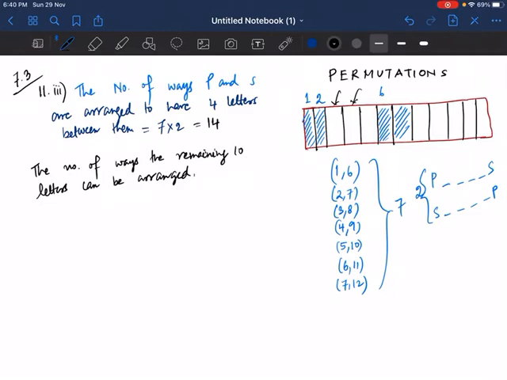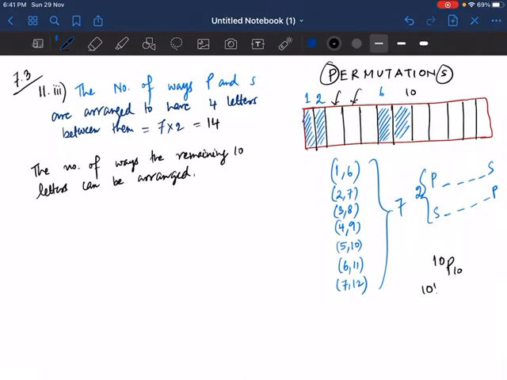If I put P and S, there are 10 compartments left, and we have 10 letters. So how many ways can we put 10 letters in 10 compartments? That is basically 10P10, or else we can write 10 factorial.